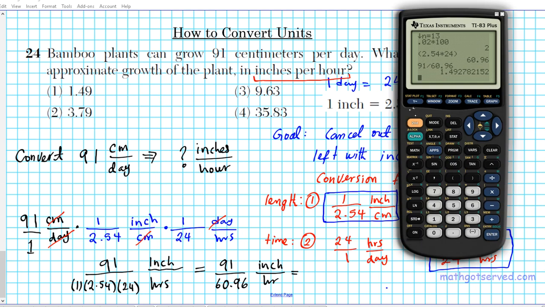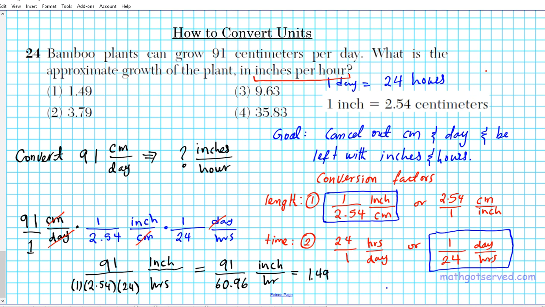Alrighty, so it's 1.49. If we round it to the hundredths place, that's the option we have here. It's going to be approximately 1.49 inches per hour. So the answer to question number 24 is option number 1.